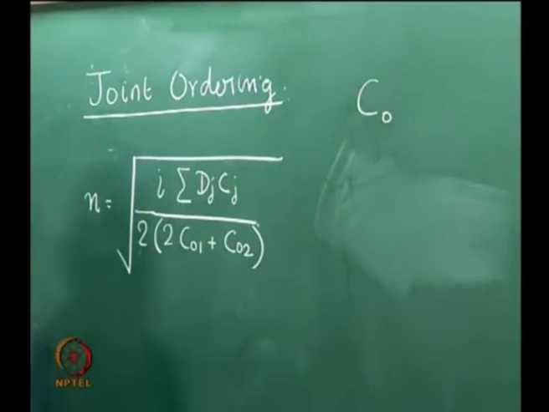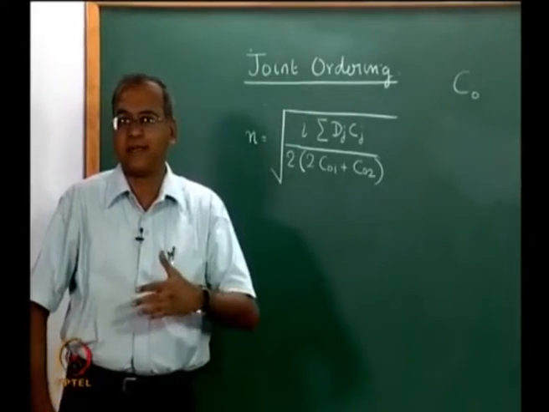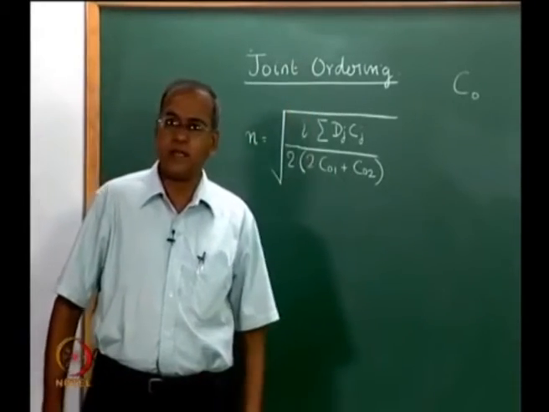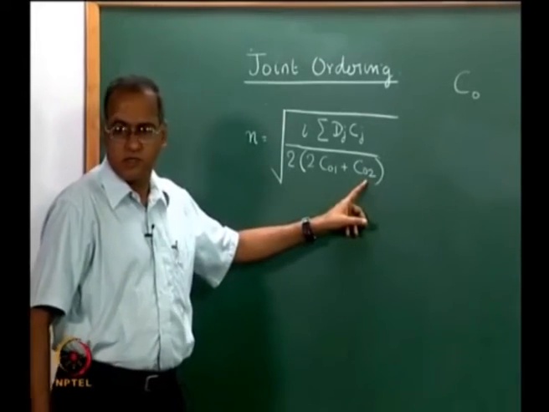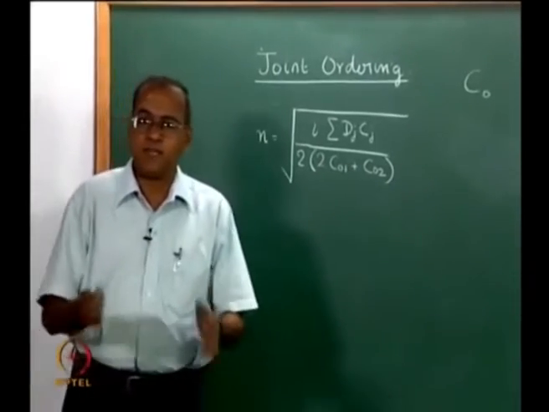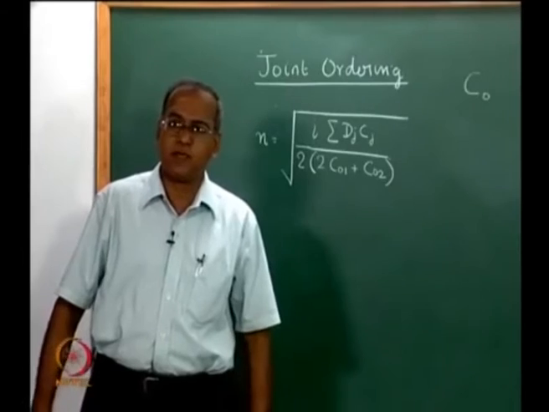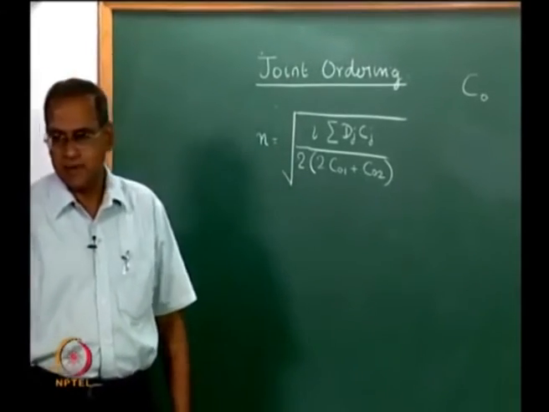Now, if the items are ordered such that the number of orders per year for each item is the same, which means the orders are combined, then it is possible to save on the truck cost. There is only an admin cost for every item that is ordered, but we can assume that the same truck will bring all the material from the supplier to the plant or the manufacturing facility.